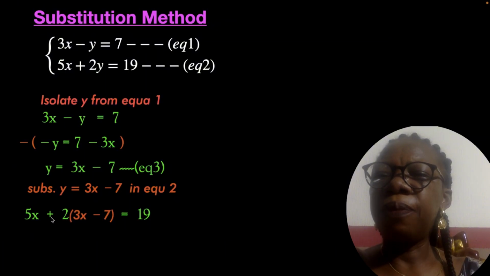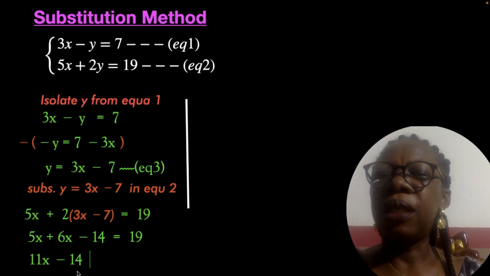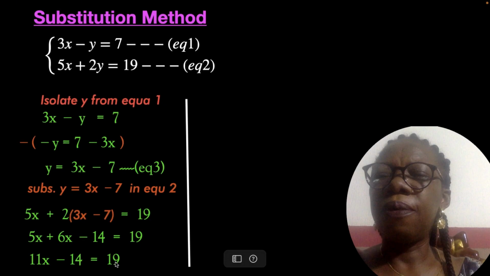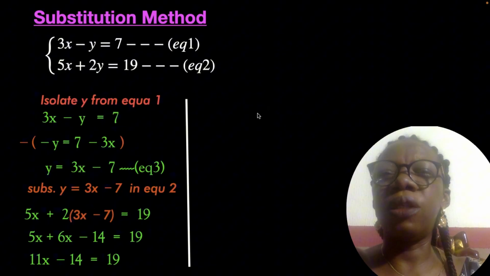So 5x plus 2 times 3x is 6x, 2 times minus 7 is minus 14. 5x plus 6x minus 14 is equal to 19. 5x plus 6x gives us 11x minus 14 is equal to 19. So we can now solve for x from this equation.